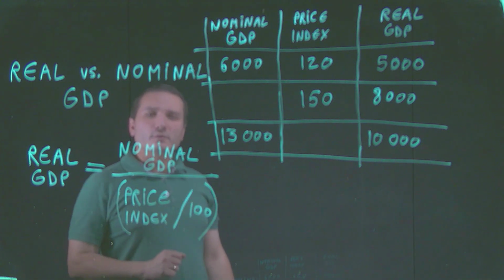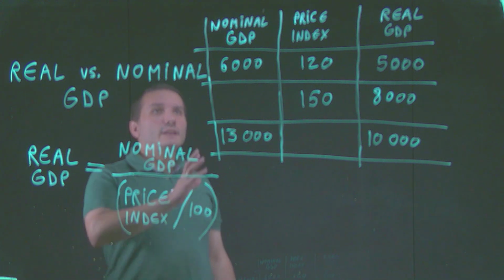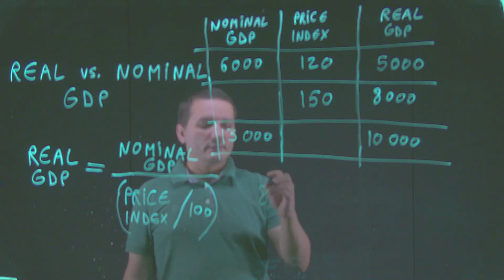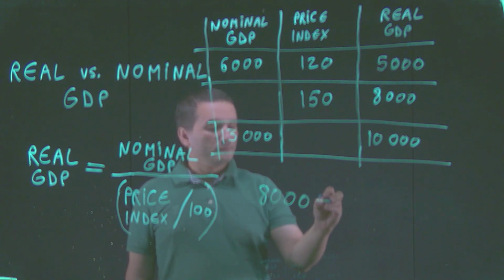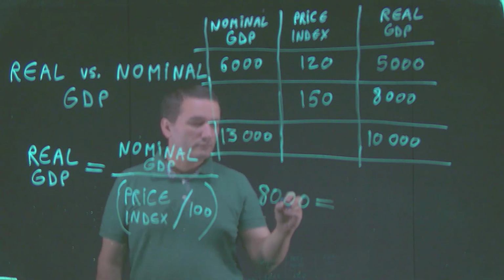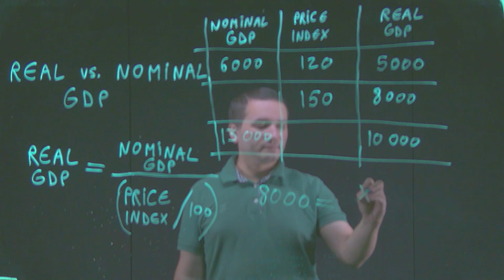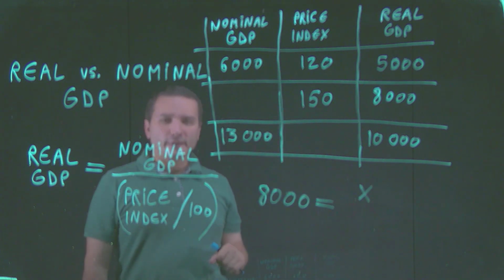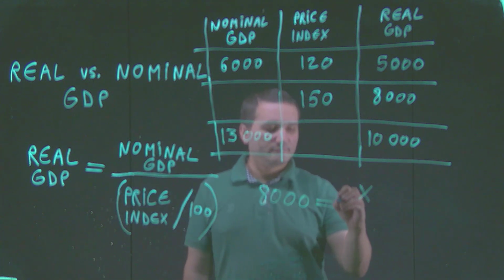Now let's go on to row number 2. Here we're going to have to play with the formula a bit, because we don't know the nominal GDP. We know that real GDP, 8,000, is equal to something over 150 divided by 100, so over 1.5.